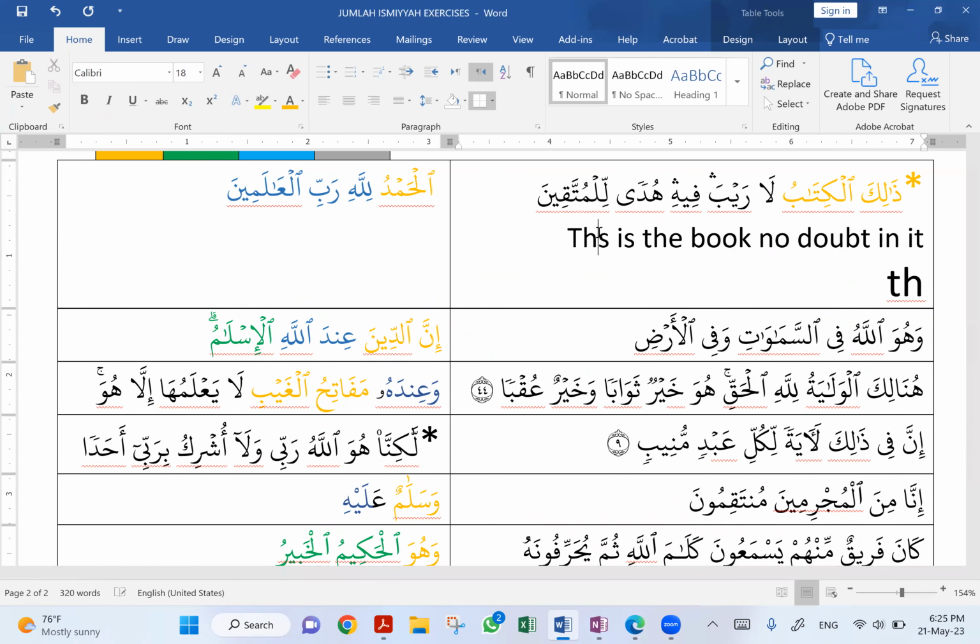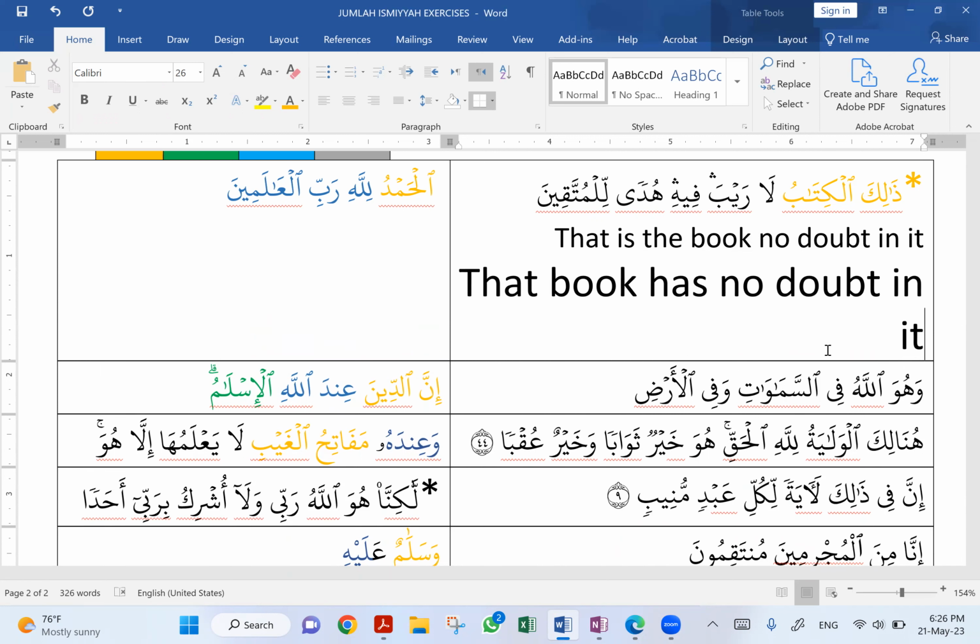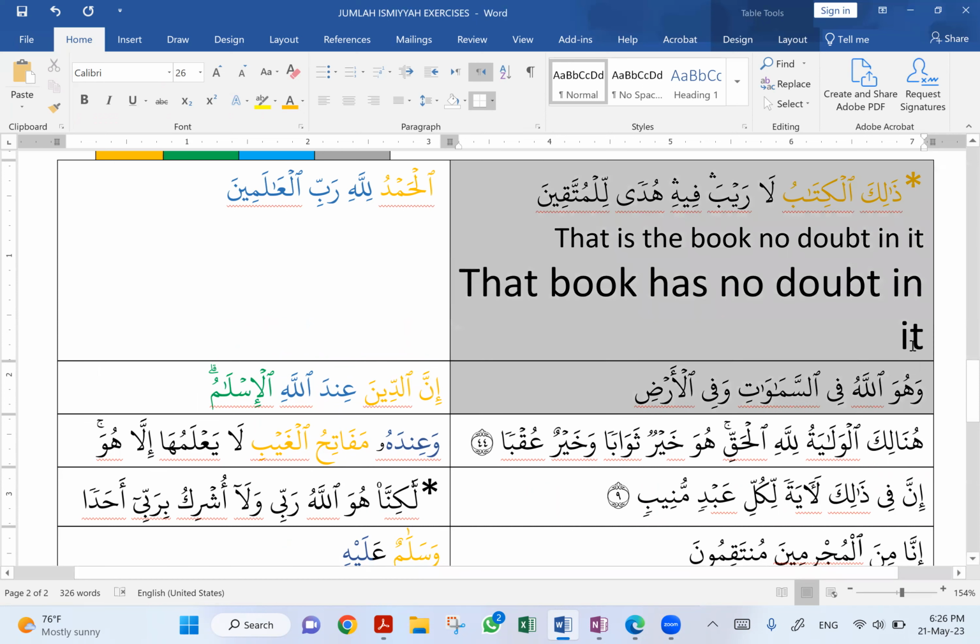Although there's some debate on that, but anyway, let's just go with that. That book is... has no doubt in it, we can say.